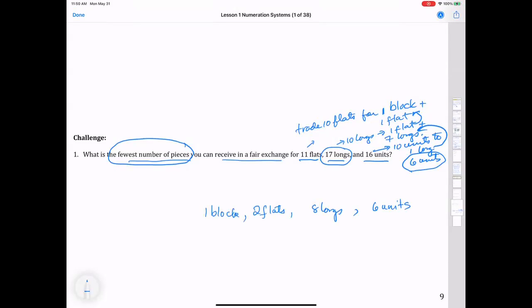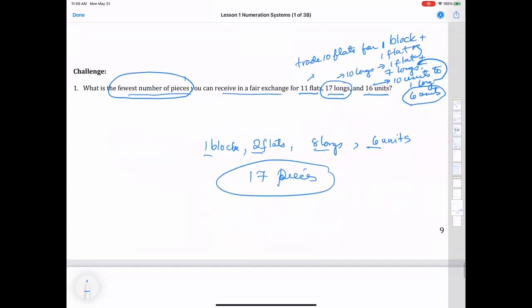So from having 11 plus 17 plus 16 different objects, now you only have 8 plus 6, which is 14, plus 2, which is 16, plus 1, 17 pieces of objects that you receive.